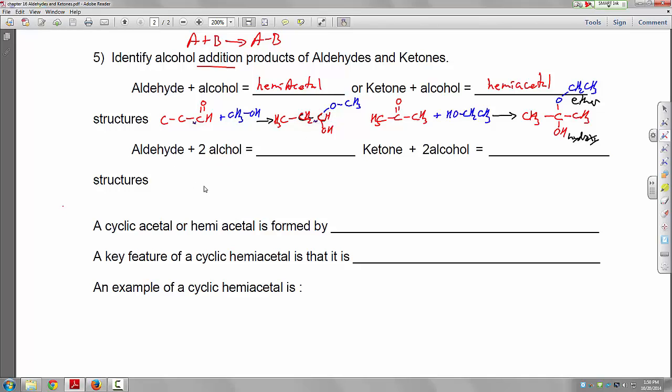Now if you take an aldehyde and 2 alcohol molecules, you get not a hemiacetal but a full-fledged acetal. Likewise, a ketone and 2 alcohol molecules gives you an acetal. I'm not going to draw the reactants. Just imagine we have 2 methanols here.